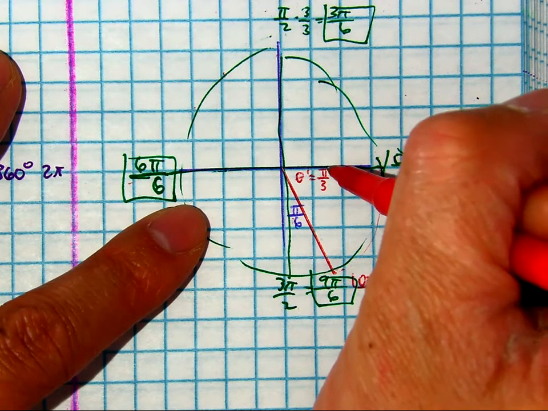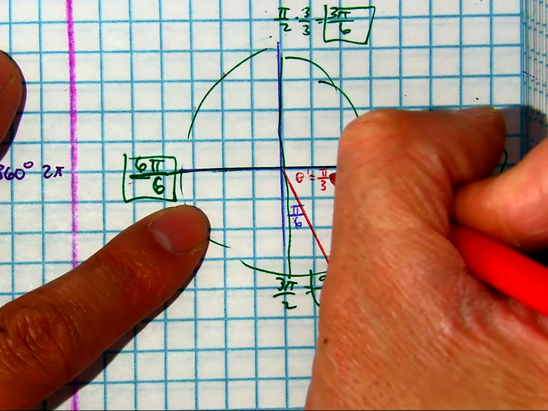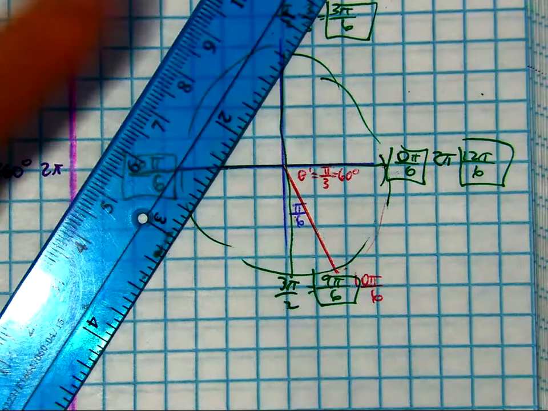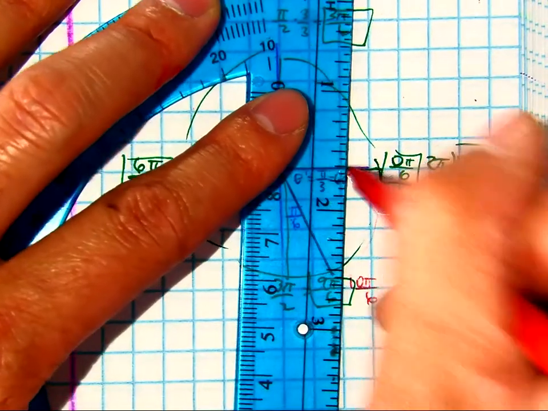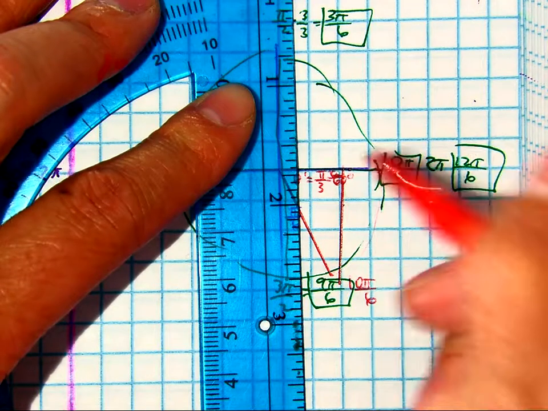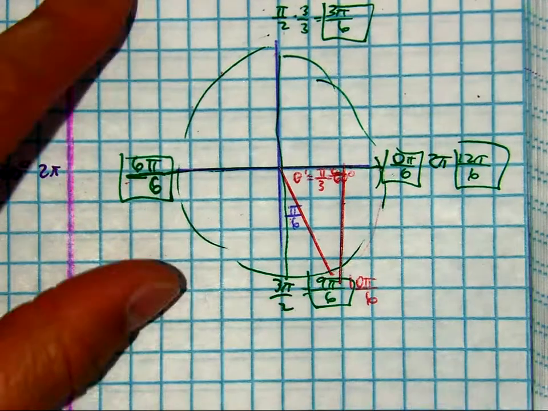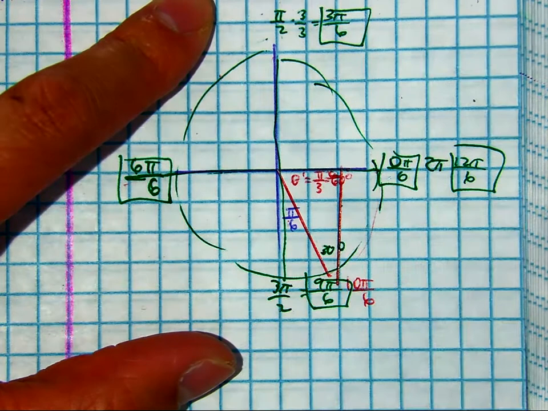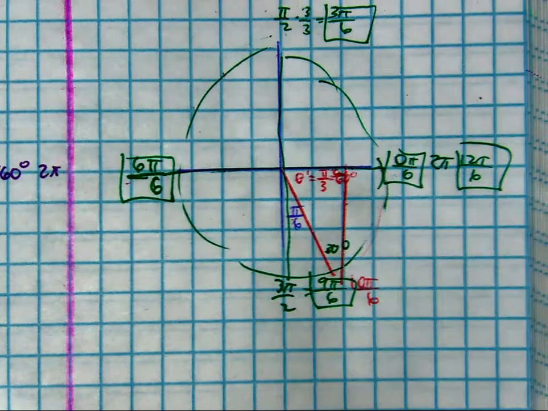Let's draw our triangle. There's my 90 up here. Let's label our triangle. If this is a 60, this must be a 30. So here's my x value.